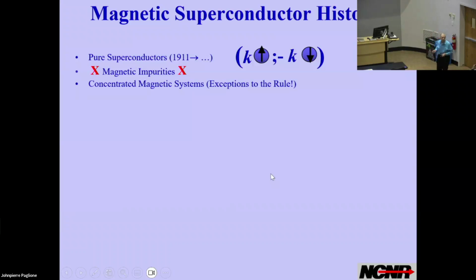And then there's the exception to the rule. Anytime you're doing research and you have an understanding and a paradigm of how things are supposed to work, and suddenly you find a system that doesn't behave, that's when you're on to new physics. The first new physics was back in the 60s. Believe it or not, that was before my time.